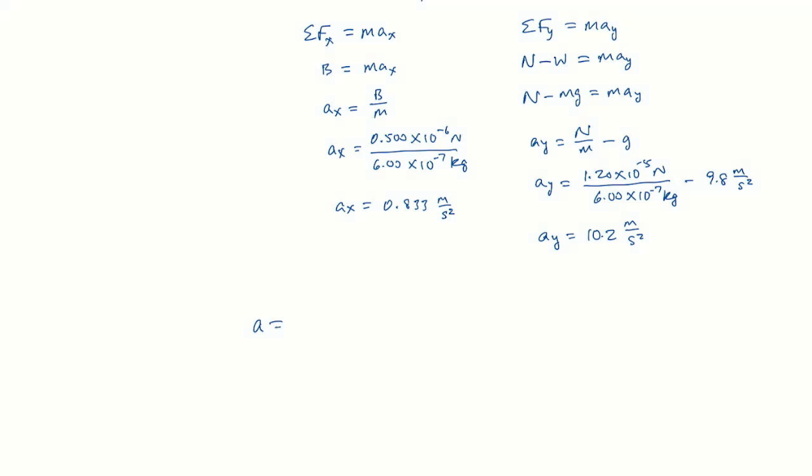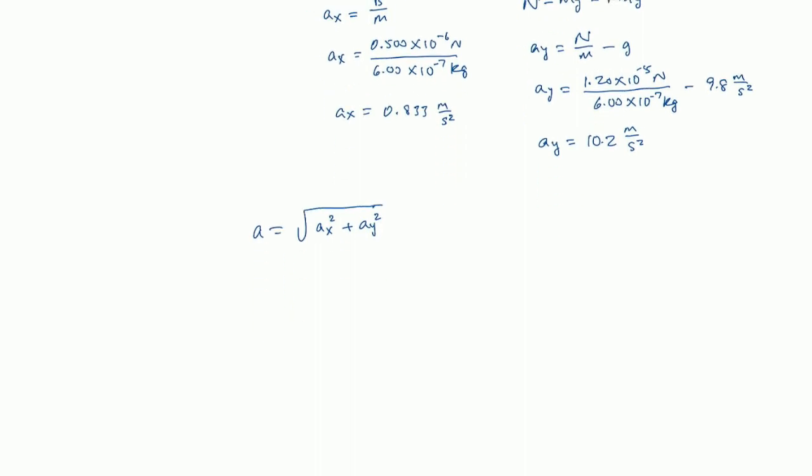And we'll use the Pythagorean theorem. So the magnitude of the acceleration is the x component squared plus the y component squared, and then we'll take the square root. All right, so substituting the values, we have 0.833 meters per second squared. We square that quantity, plus 10.2 meters per second squared, and we square that quantity.